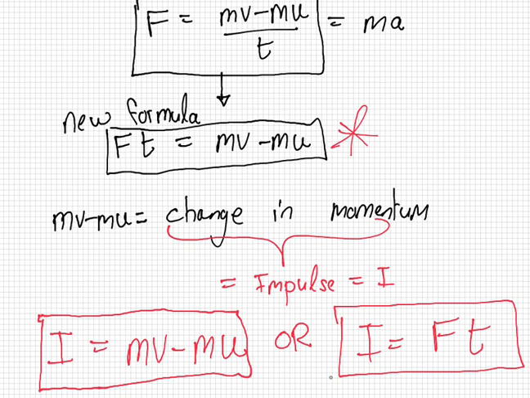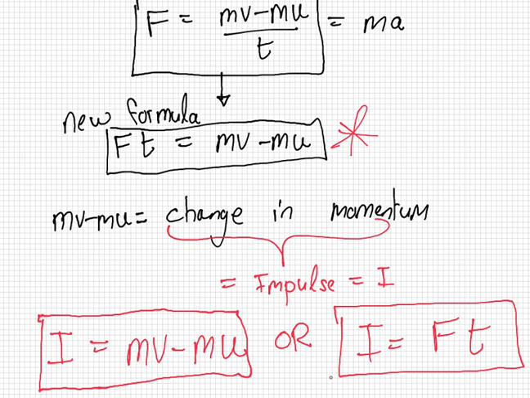Now, again, this is moving along with m. But this time, I know the force and the time I use the force. Example, 6 newtons for 2 seconds. So it's the other formula.